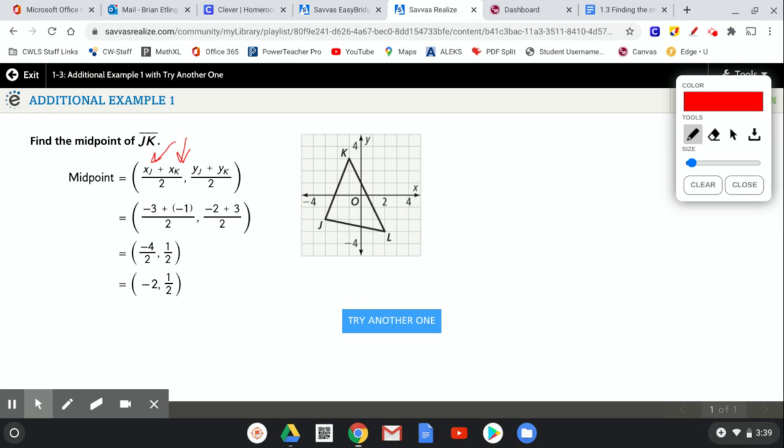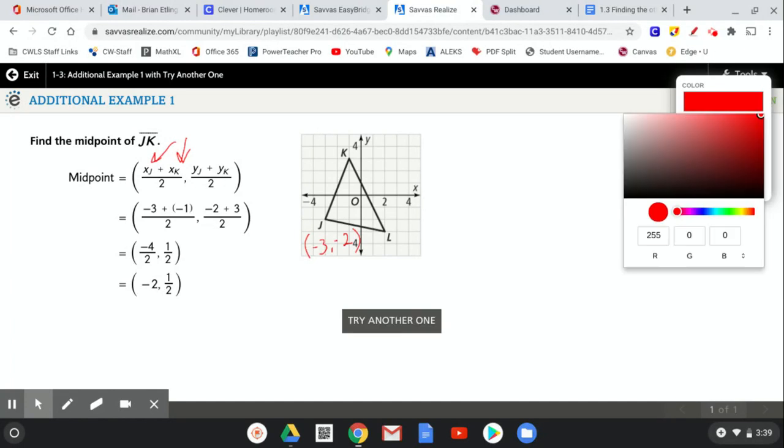If you have a problem like this and you're not given the coordinates, the first thing you want to do is find the coordinates of the endpoints J and K. If we look at J, we can count over 1, 2, 3, so it's going to be at -3. We're going to the left in a negative direction. Then we're going down, again in the negative direction, so it's going to be -2. So our coordinate for J is -3, -2.